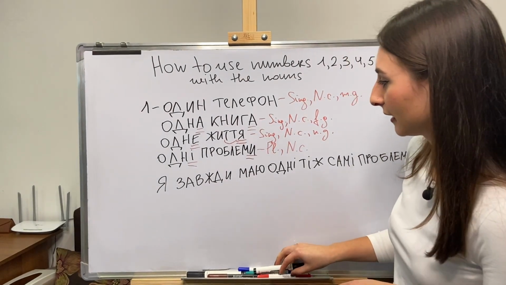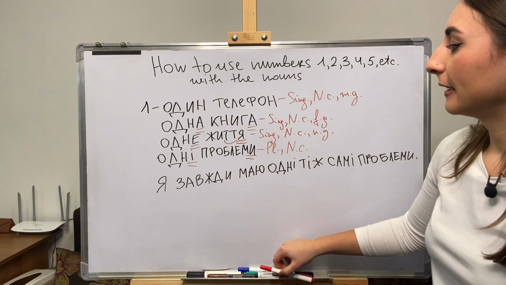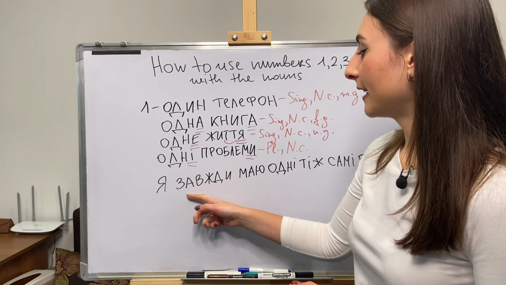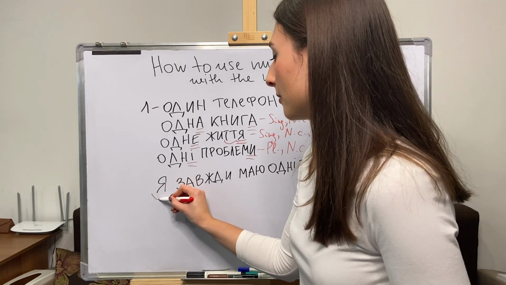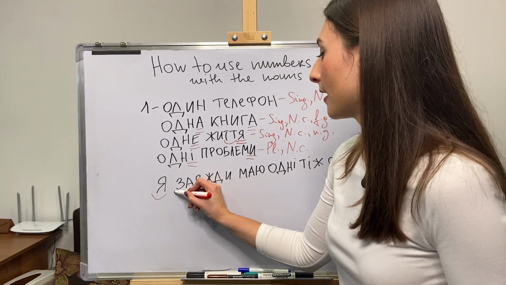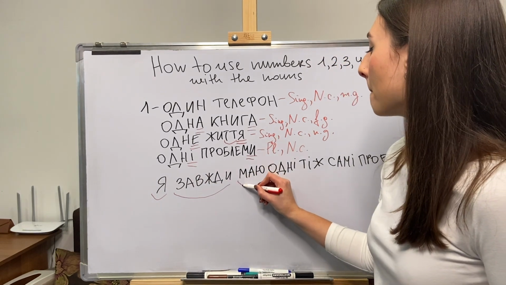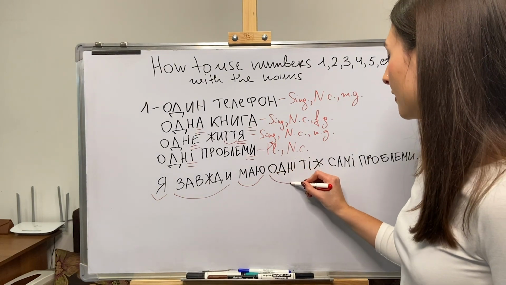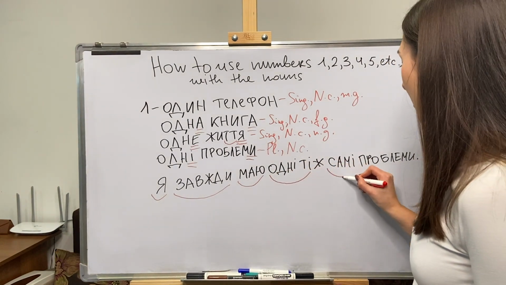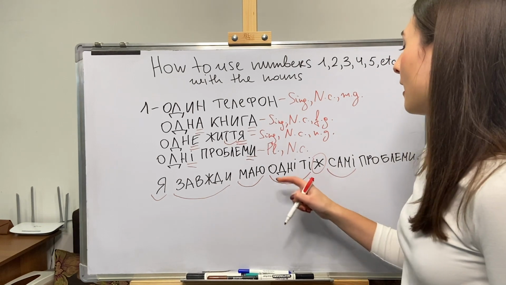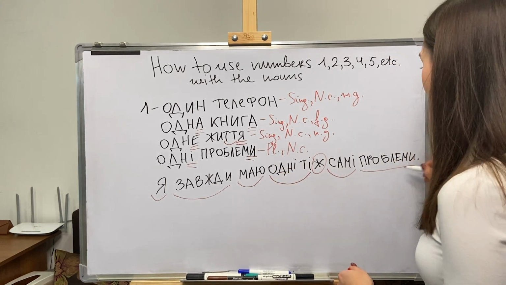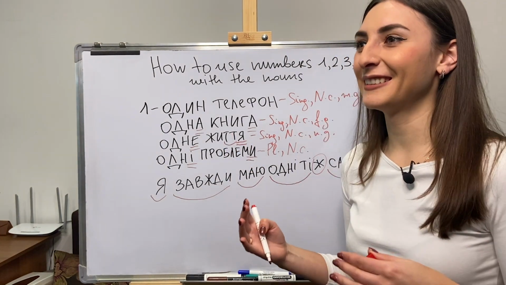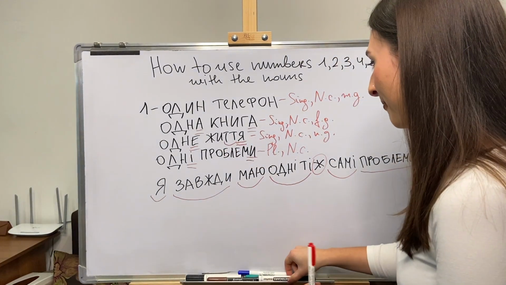How to translate: я, I, it's a pronoun. Завжди means always. Маю, have. I always have. Одні, ті ж, самі, ж is a particle. Проблеми. Actually, we use four words here to say the phrase the same.